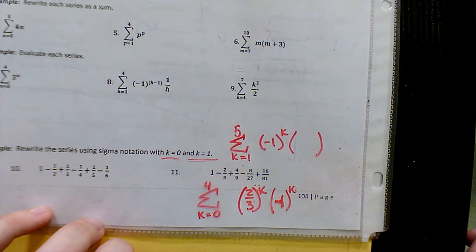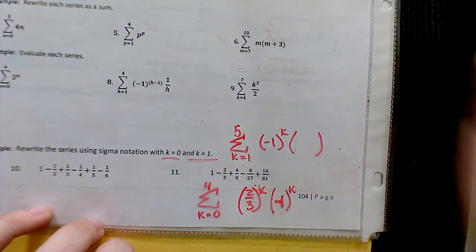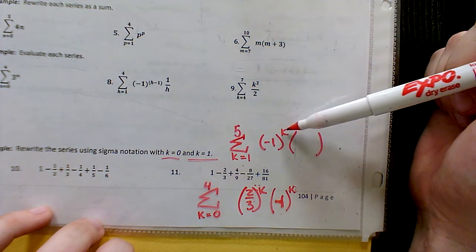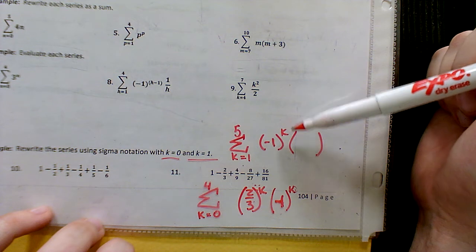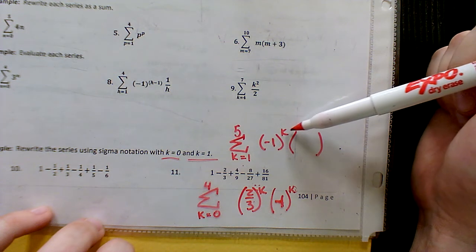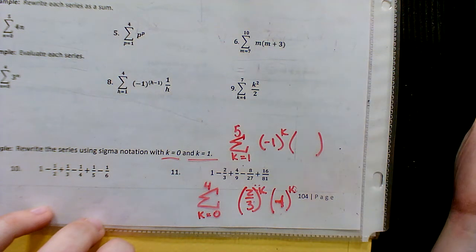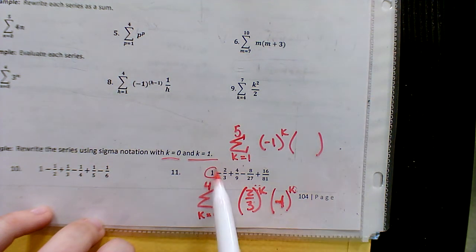What else can we put in there? Well, let's think about this. This power of k on the negative 1, is it going to stay a k, or do we need some type of plus or minus on there? Either one, right? Because if we plug in 1, we need to get 1.